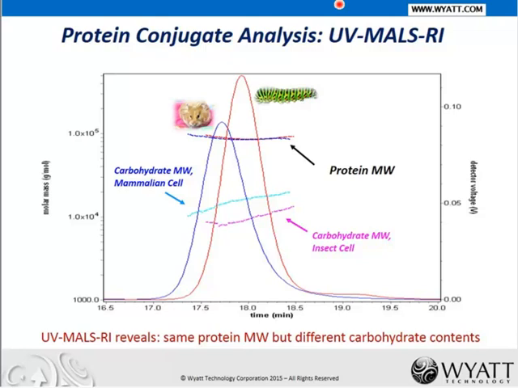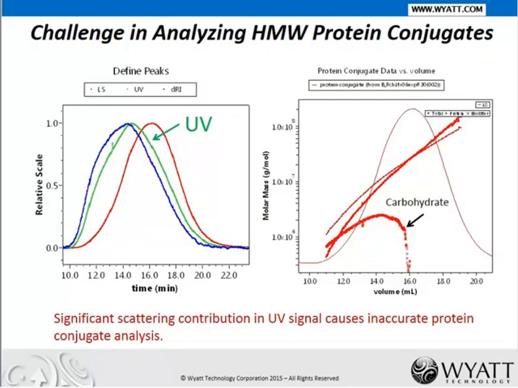However, when we use protein conjugate analysis to measure the composition of those high molecular weight protein conjugates, we encountered a challenge. On the left graph, we have fractograms, the traces from the FFF separation from different detectors. The red is from light scattering, blue is from the differential refractive index detector, and the green is from UV.